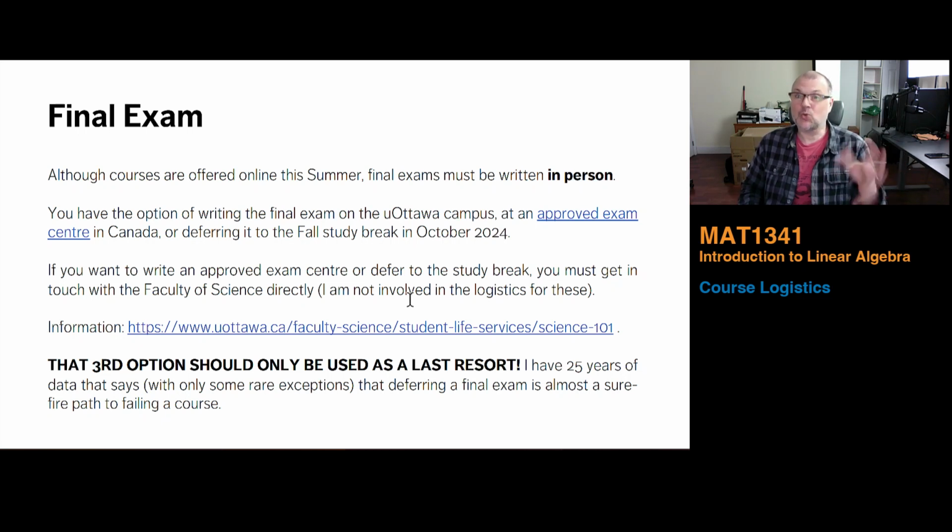We're talking about 12 to 15% lower, potentially three letters below the grade. So yes, that option's open to you. It should not be something you use lightly. Only if the other two options are not going to work for you should you consider deferring that exam.